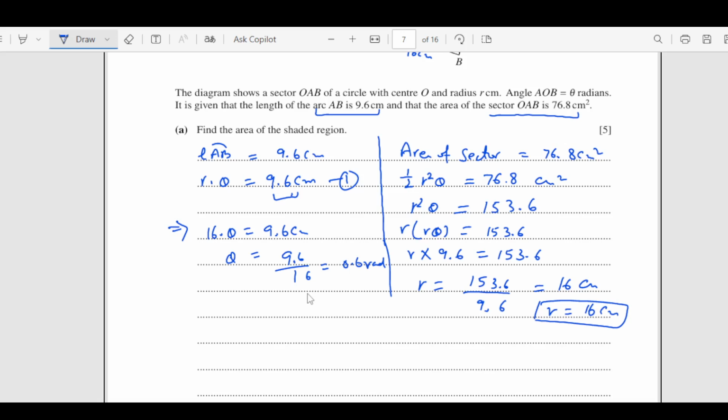So now we can find out the value of shaded area. So area of shaded region is going to be area of sector minus area of triangle. Let me show you.